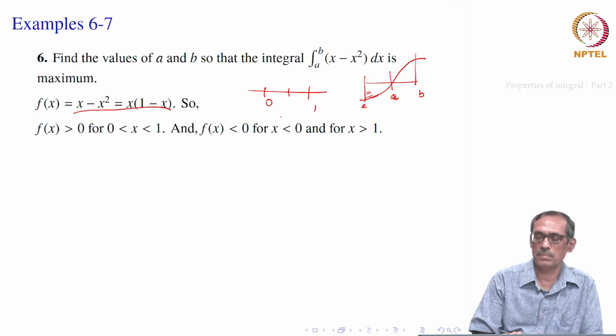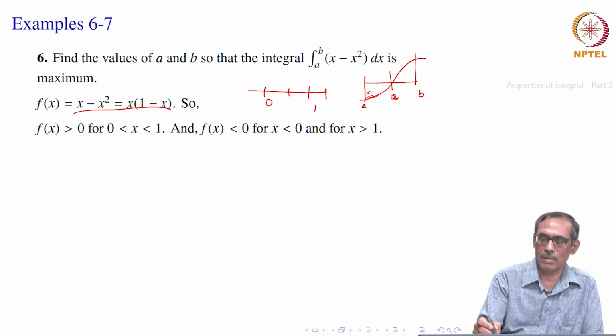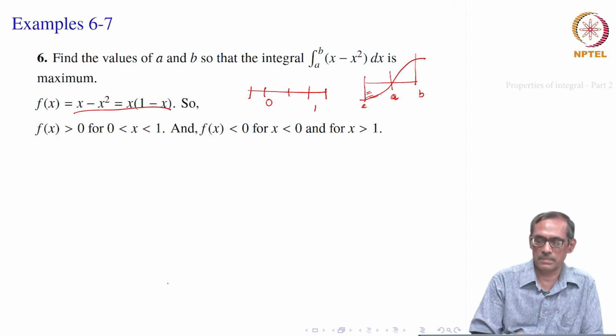If x is bigger than 1, then 1 minus x is negative but x is positive, so the product is negative. Or if it is less than 0, then x itself is negative but 1 minus x is positive, so it is again negative.